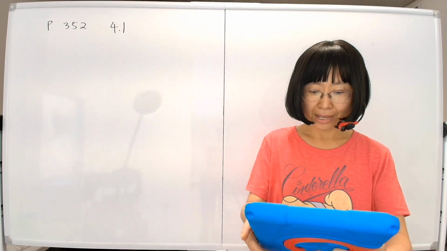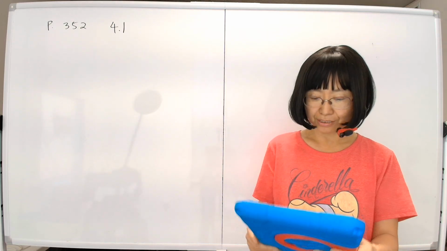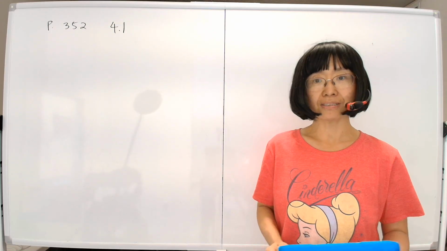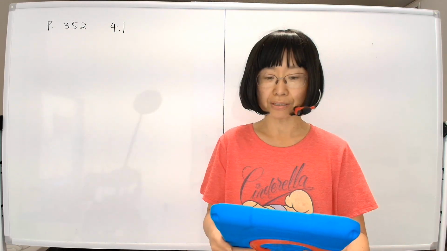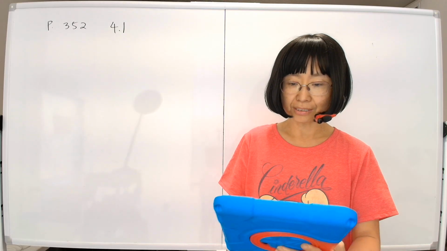Next, let's look at a definition at the bottom of the page: the order of a differential equation. What is the order? The order is just the highest derivative in the differential equation you're looking at.